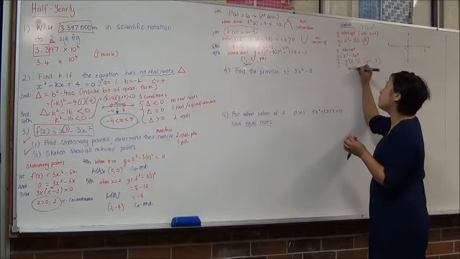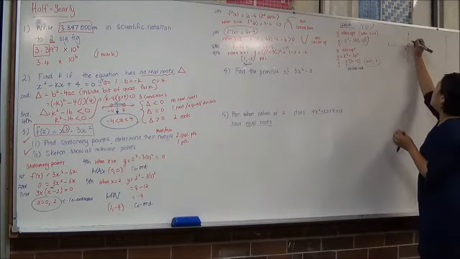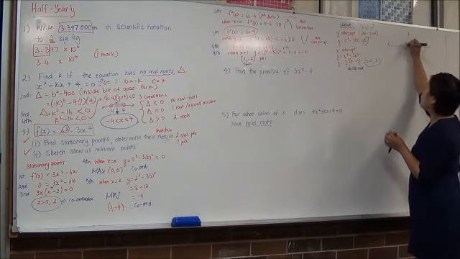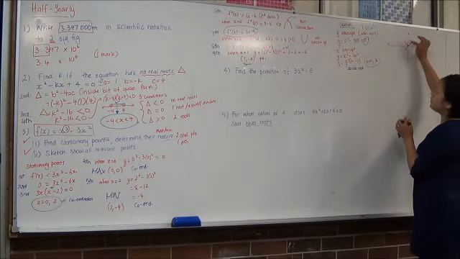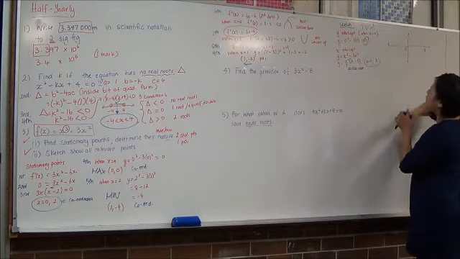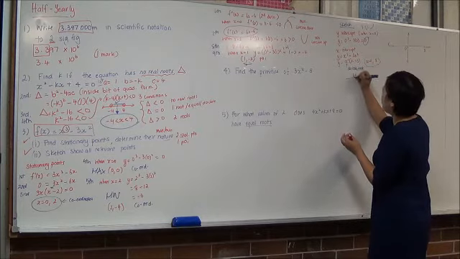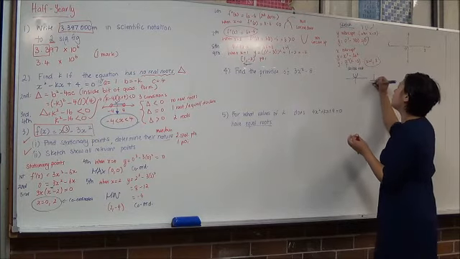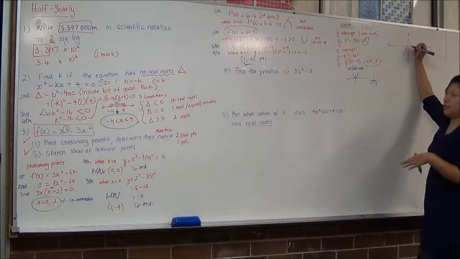A double root means the graph sits on top of the x-axis like that. I actually did it wrong before. But we have to go back and now determine your stationary points.